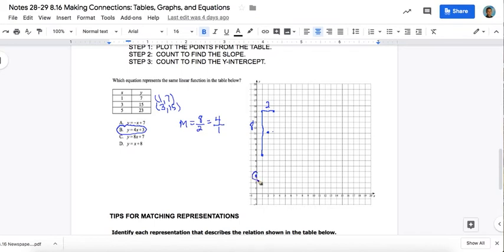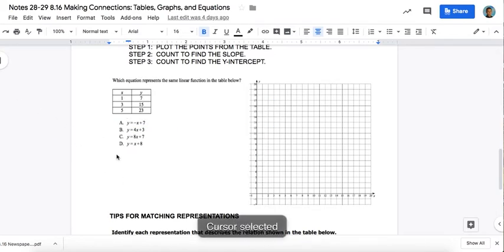And you see that the y-intercept here is 3. So the equation would be 4x plus 3 because it crosses the y-axis at positive 3. Okay, and we can go ahead and connect these points. Whoops, and make our line.